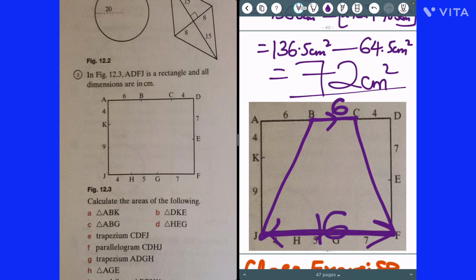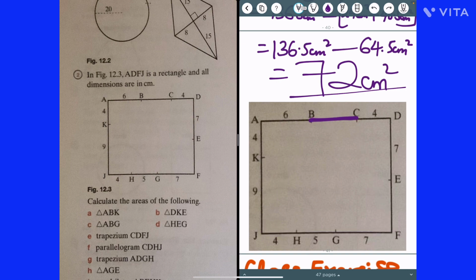So my two parallel sides are 6 and 16. Then the vertical height of the trapezium is here, 13. So half open bracket A plus B, 6 plus 16, bracket closed times 13, which is the vertical height, will give you the area of the trapezium.